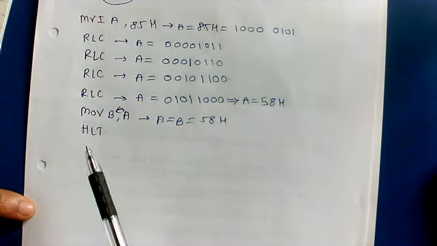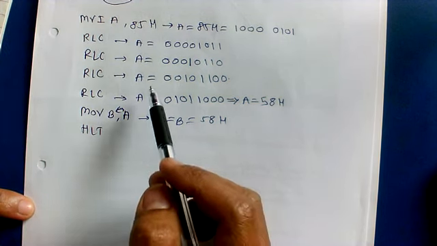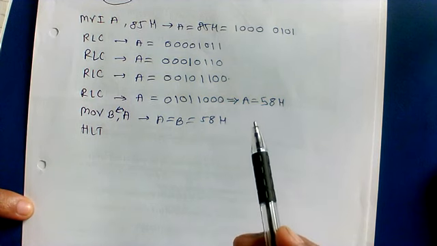Okay, so another way to write this nibble swapping program is by using looping concept.